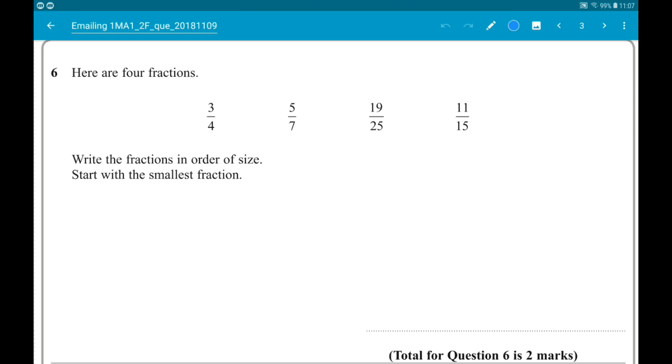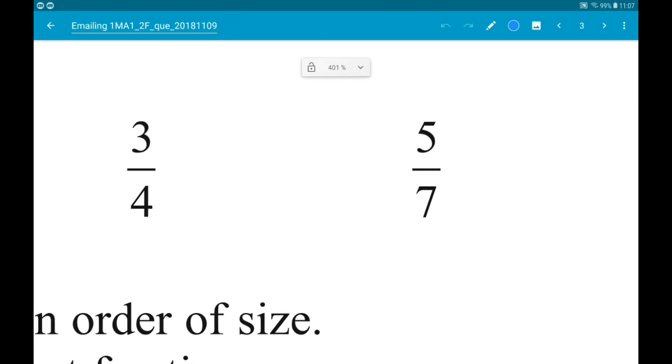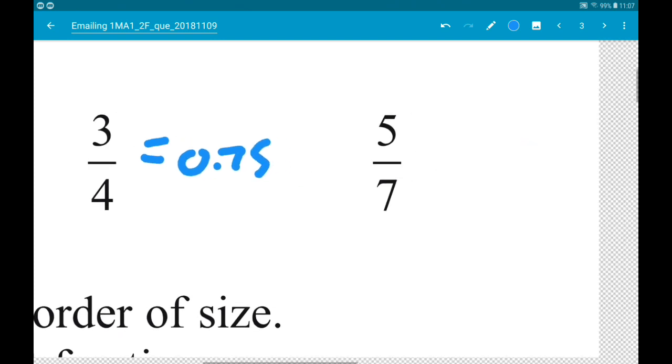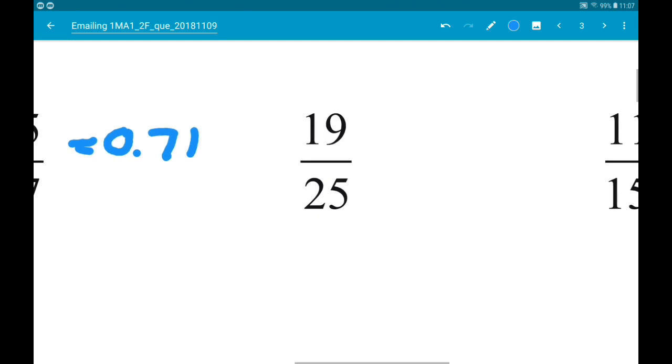So, 3 quarters is 0.75. 5/7 is 0.71, 2 decimals. 19/25 is 0.76.